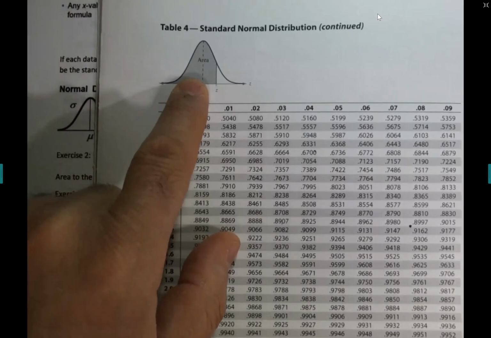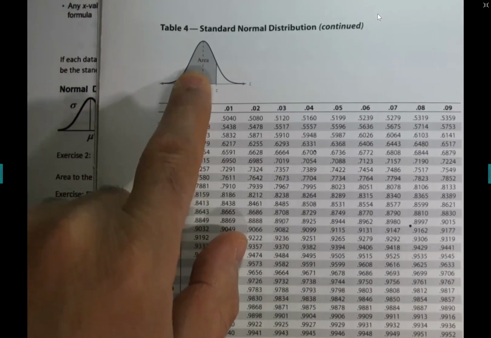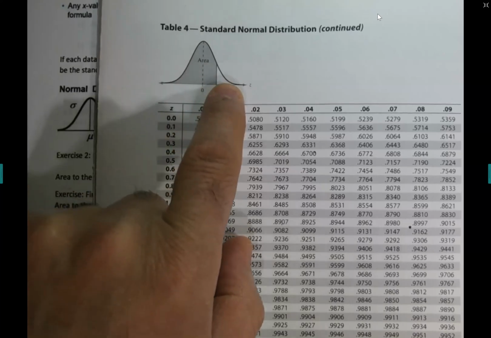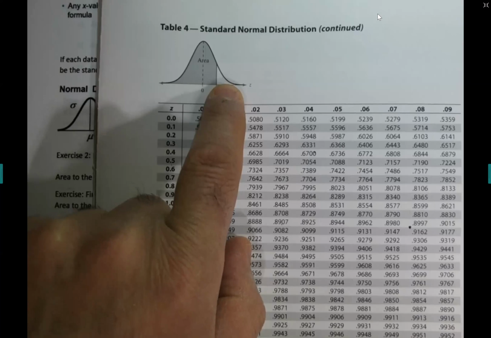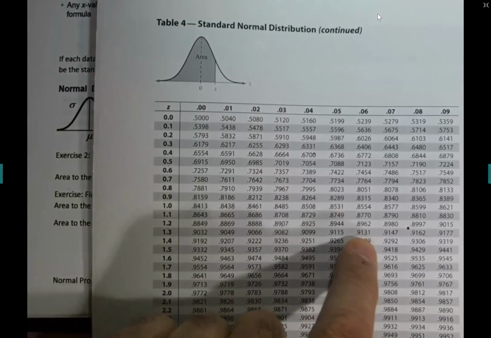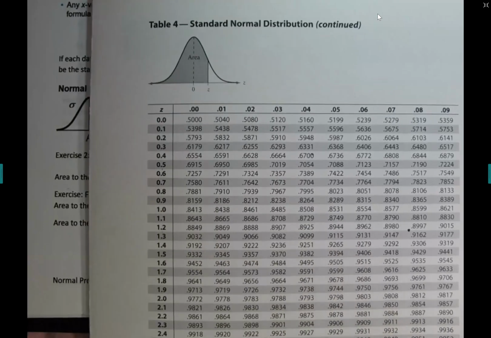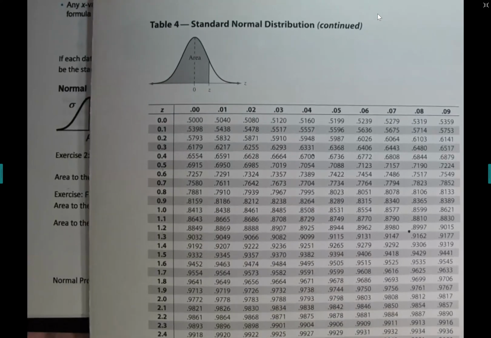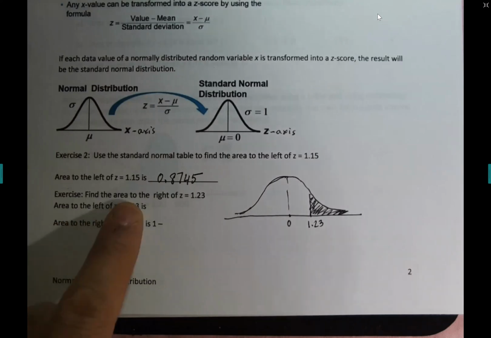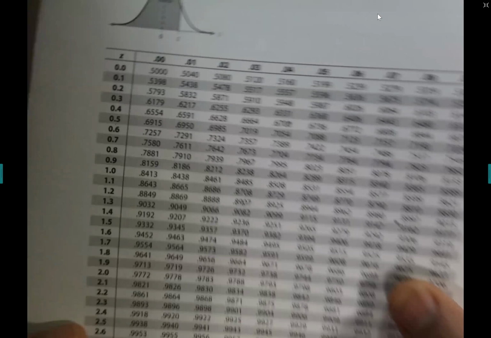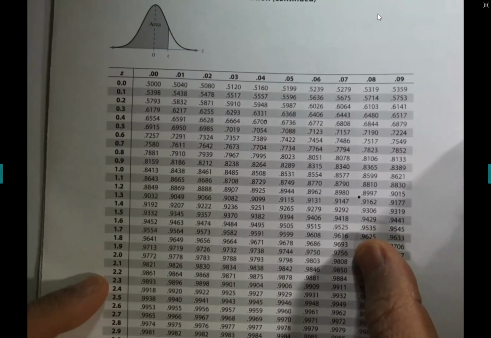Remember, the table only does areas to the what? To the left, but the question was to find the area to the what? To the right. So how can you use the 0.8907 answer to find our answer? You will subtract it from 1. You subtract it from 1 because the total area is 1. So in other words, guys, if he asks you to find the area to the right, you will use the table as you usually do, but you subtract the answer from 1.